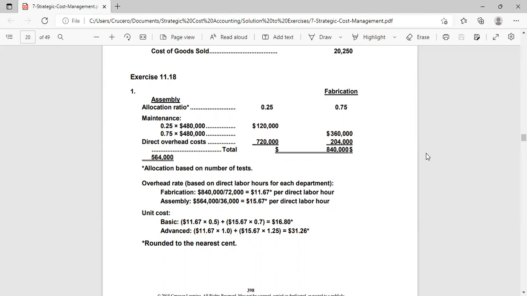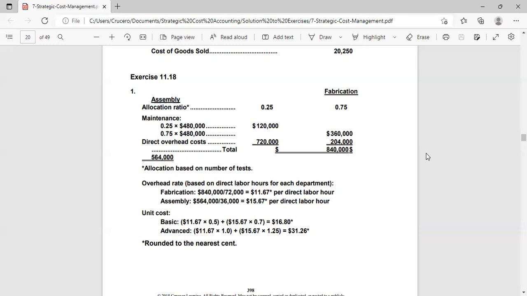And for the direct overhead cost, ni fabrication, 720, ang kay assembly, 204. So, bali ang total ni fabrication is 840,000. Ang kay assembly is 564. Okay? So, bali assembly, 564. Fabrication, 840. Correct na, ha? Only that, medyo hindi maayo ang pag-extend.